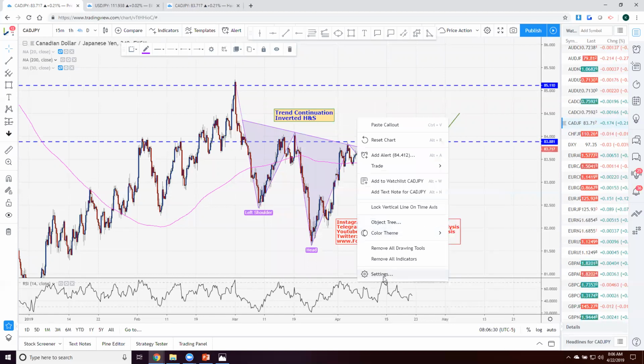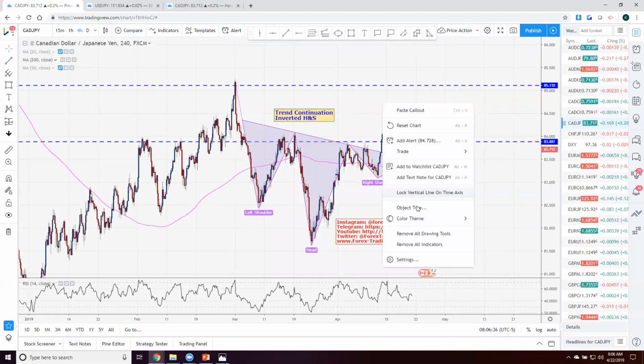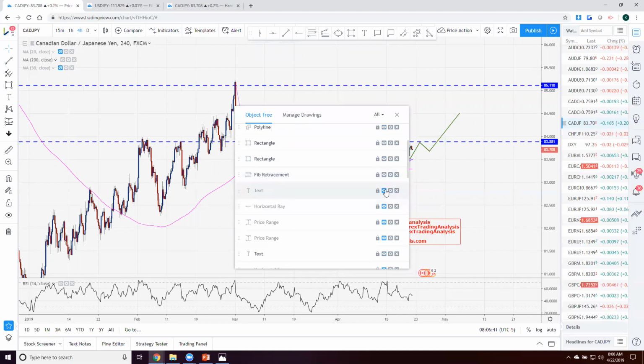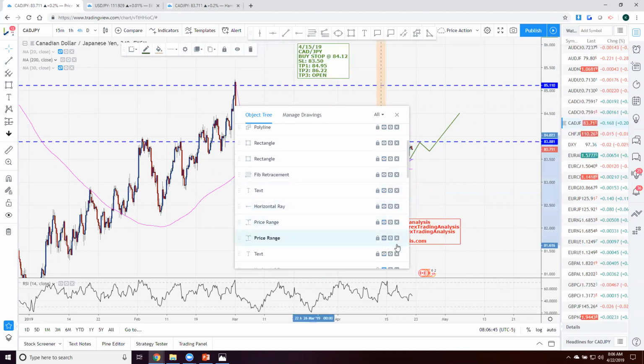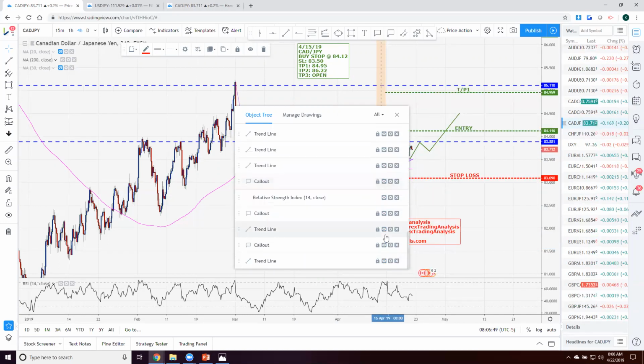Sorry, I'm trying to look for, we're in this trade and I had the trade parameters set, but I don't know why they're not showing. There we go. Yeah, I had everything hidden for whatever reason.